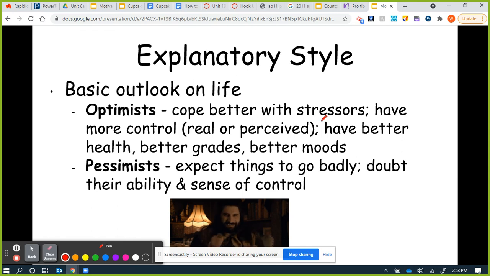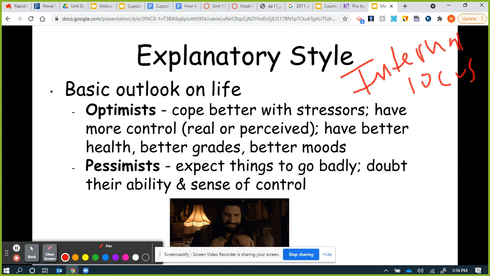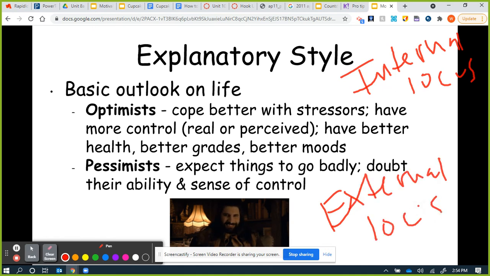Optimists tend to have what's called an internal locus of control, which means they feel that they are in control of things that happen in their life. People that are pessimists tend to have what is called an external locus, which is where they feel that things are outside of their control and that everything is up to just luck.